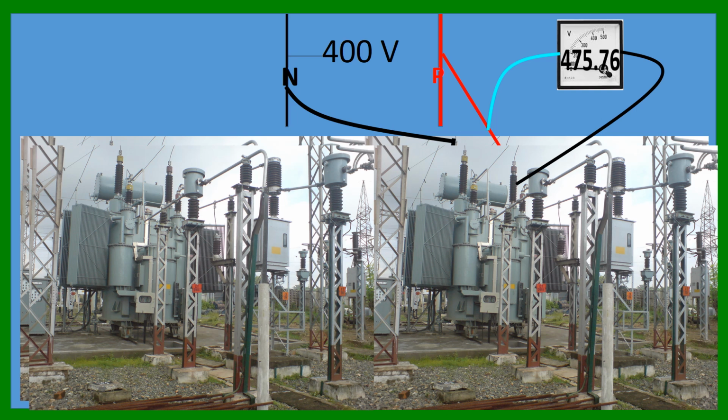So it will show additive. Better to show it in a diagram, but okay, simply remember that subtractive voltage shows the phase sequence is the same across the voltmeter, and if it is additive, the phase sequence is opposite. This is the rule. Okay friends, thank you.